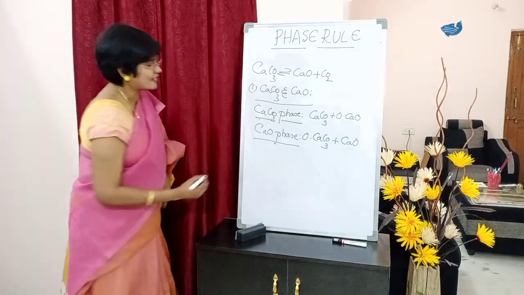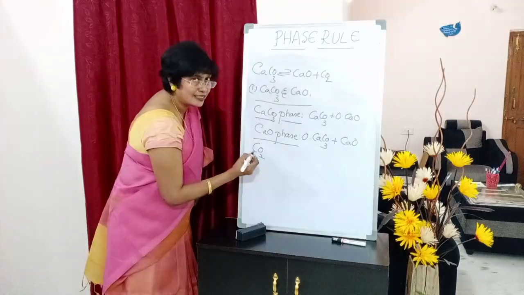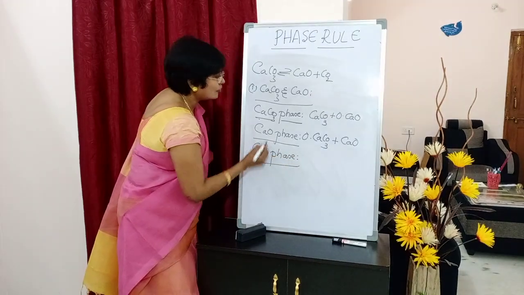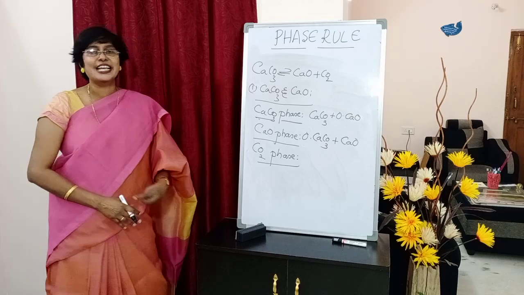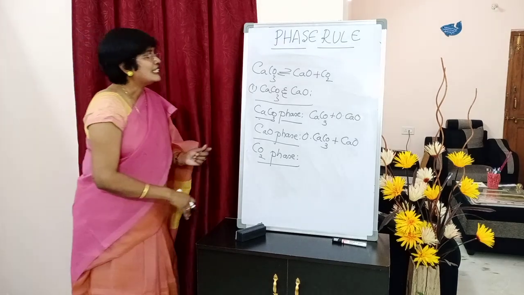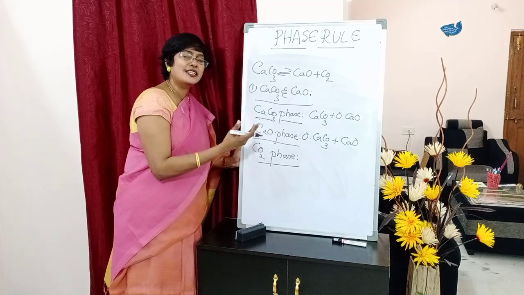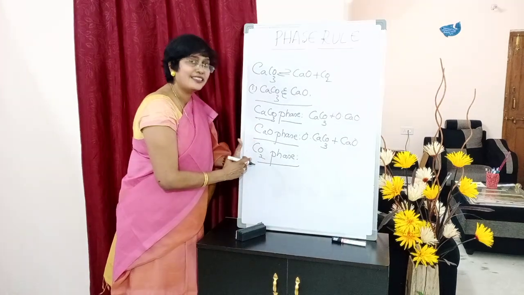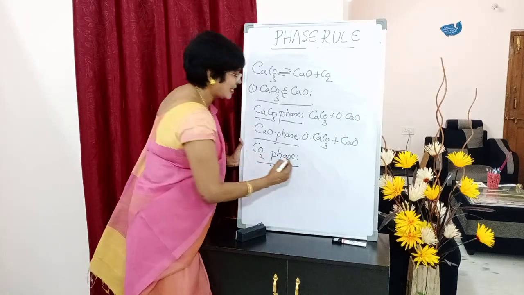Got it? Next. Now comes the difficulty phase, CO2 phase. CO2 is not there in these two. Then, how will you write? So, CaCO3 and CaO, we can utilize these two chemicals to get the carbon dioxide. How students?